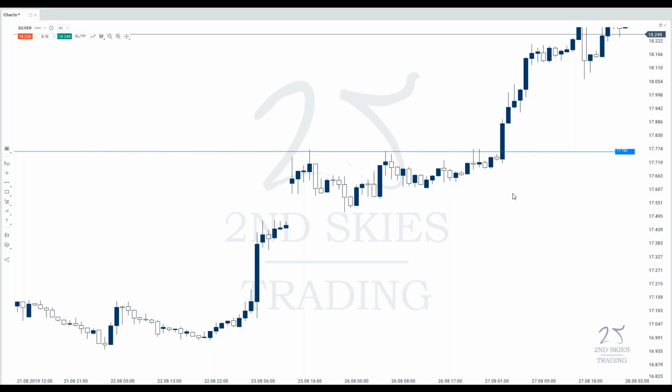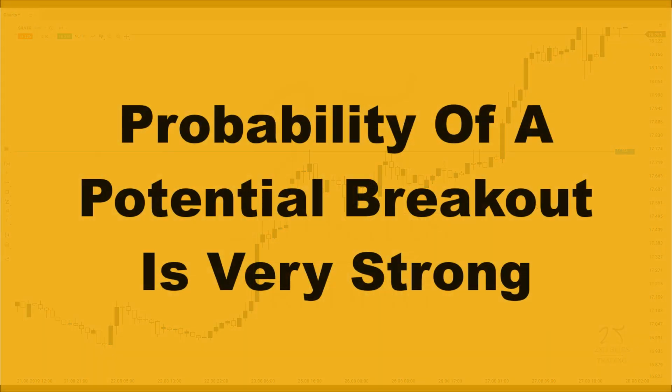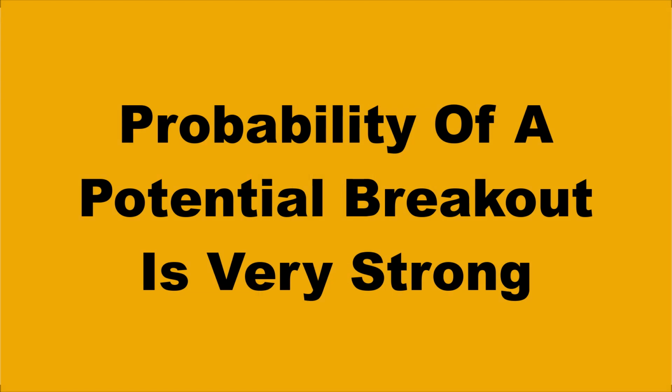When I see this, if I'm already long, then I might look to add to my position on the breakout. If I'm short, then I might look to exit my position early to avoid taking a loss here, because it's telling me my side of the market is losing this battle. When you have all these conditions in place, you should be thinking in your mind, the probability that a breakout is going to happen here is very strong, and I need to take advantage of this.